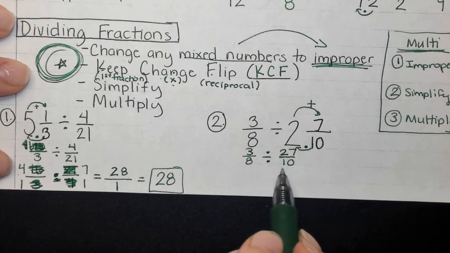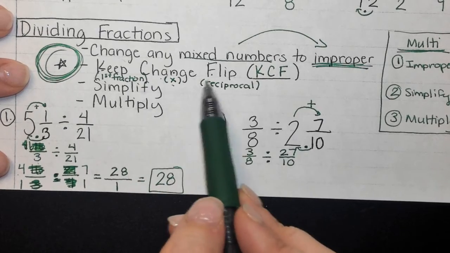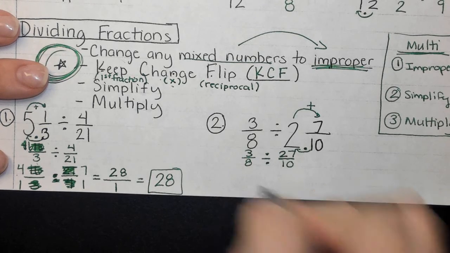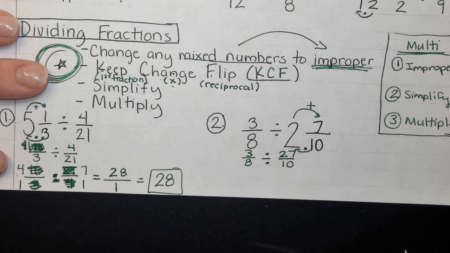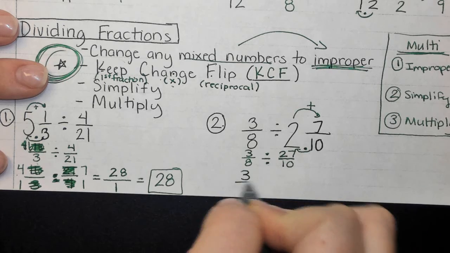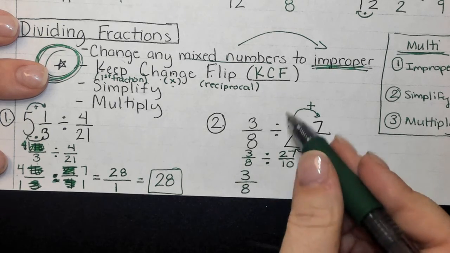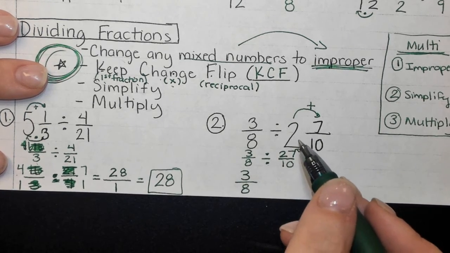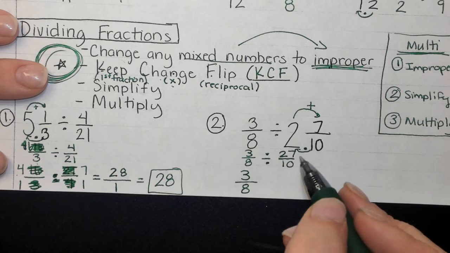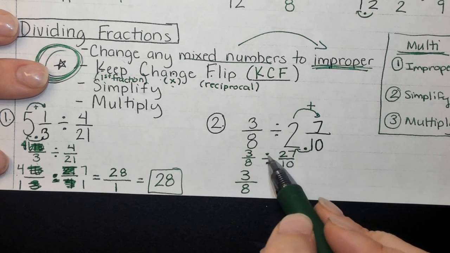Okay, this is still dividing. Now we're ready to KCF. So K, what's my first fraction going to be, Keegan? 3 over 8. Change. What am I going to change?